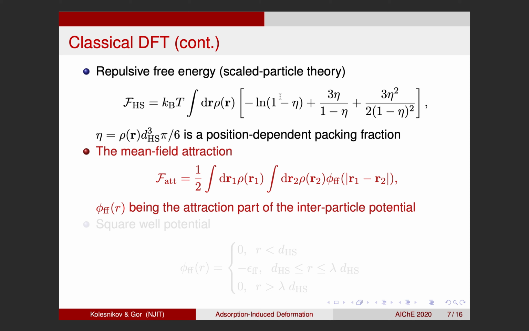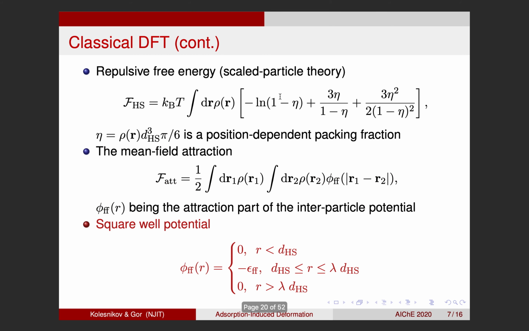The reason we considered this simpler approximation is because the geometry is complicated. The problem is two-dimensional, unlike the cylindrical, spherical or slit pore, and solving it with a more advanced DFT would be technically quite challenging.